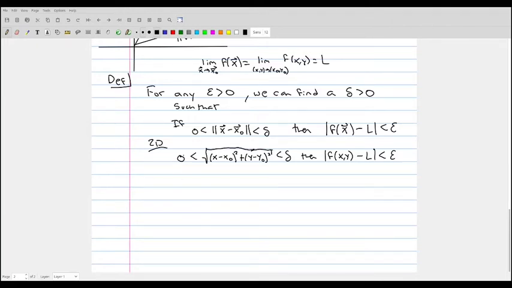Our interpretation is very similar, if not exactly the same idea, to how we interpret this for functions of a single variable.